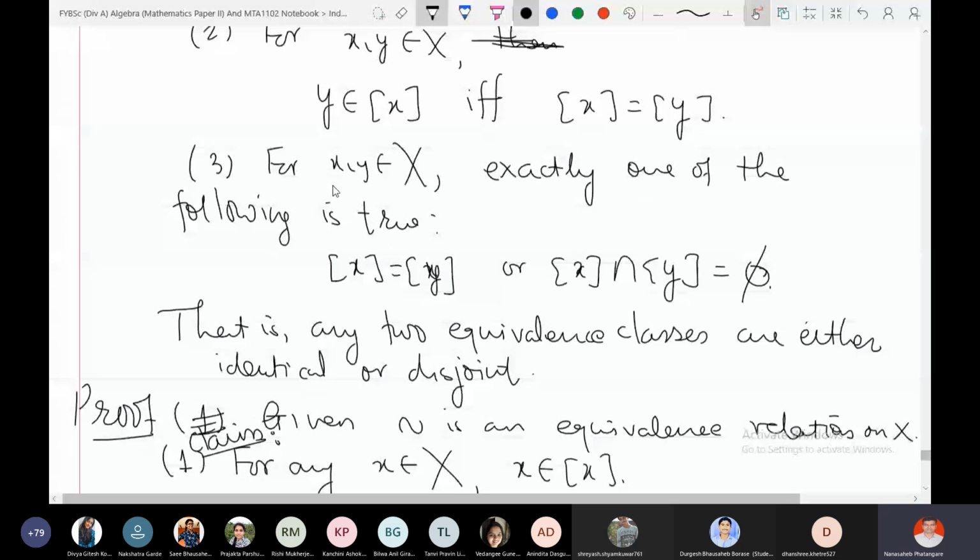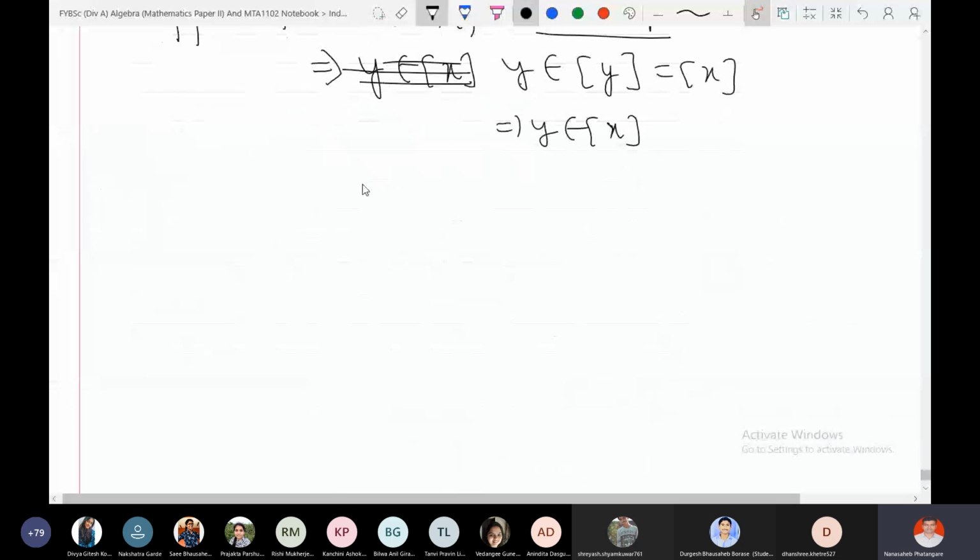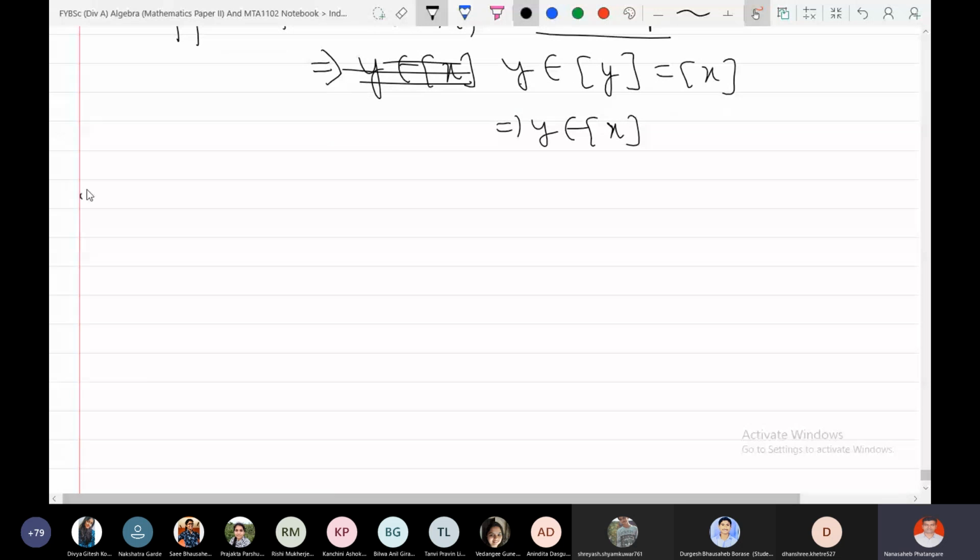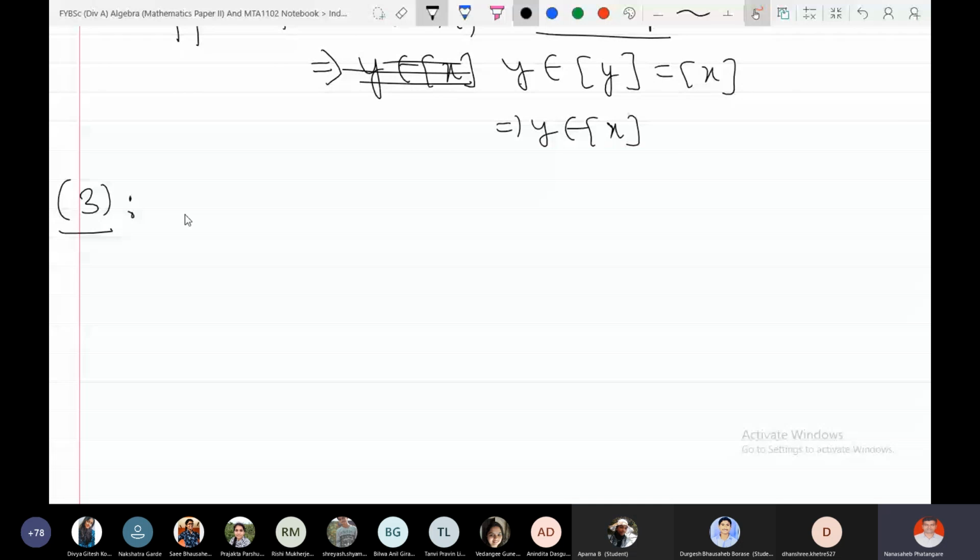Now we want to prove the third part of the theorem. So what is the third part? What is our claim?